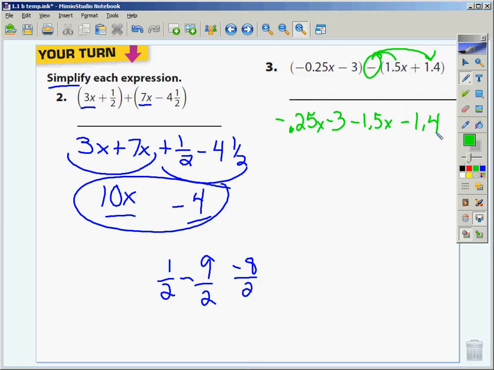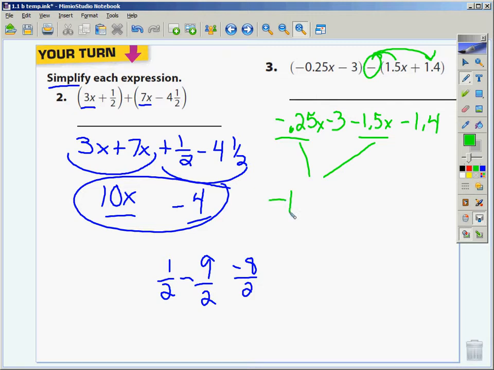But you see what I did with the negative? I'm going to combine my like terms this time without moving them. Negative 1.5 and a negative 0.25x would become what?